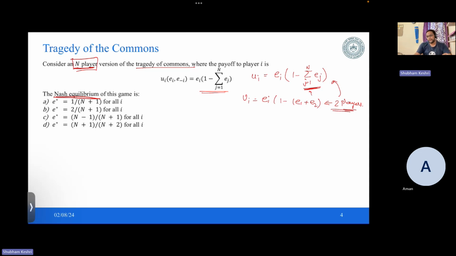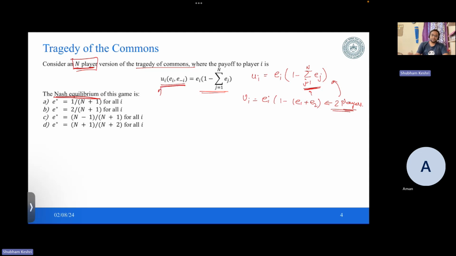I'll just give you 2 minutes so that you can solve this problem, and then we'll discuss the solution of the problem. Remember what you have to do. You have a utility function. You have to obtain its first derivative so that you can equate it to 0. When you do that, you will obtain the maxima of this function, which is Qi.